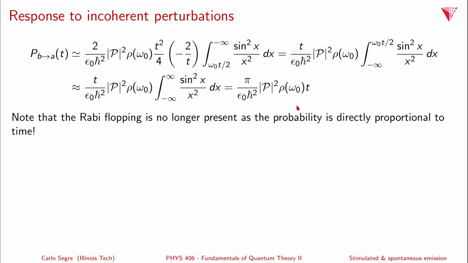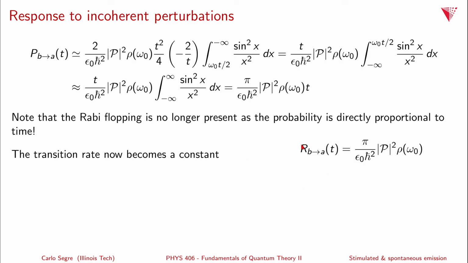Now note that this probability no longer oscillates. It depends on the energy density of the radiation at omega 0, but it increases monotonically with time. All these other things are constants. So the Rabi flopping is gone, and the probability increases with time. We can now write a transition rate using this probability.